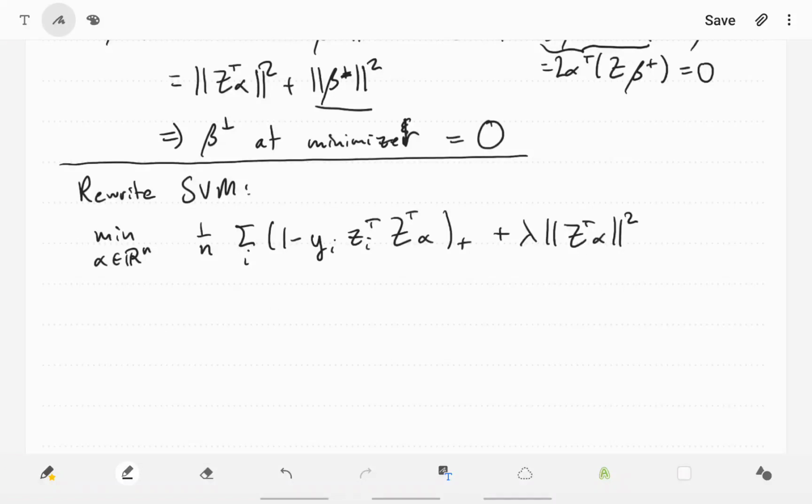That's just because we've plugged in beta hat equal to capital Z transpose alpha based on our claim. Okay, so far so good.